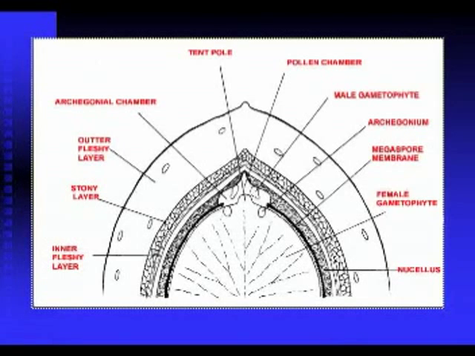The outer fleshy layer consists of very large parenchyma cells with many mucilage cavities, whereas the middle layer is the stony layer, consisting of isodiametric cells, and the innermost layer, again fleshy, consists of many parenchyma cells. After fertilization the innermost layer forms a paper-like structure.